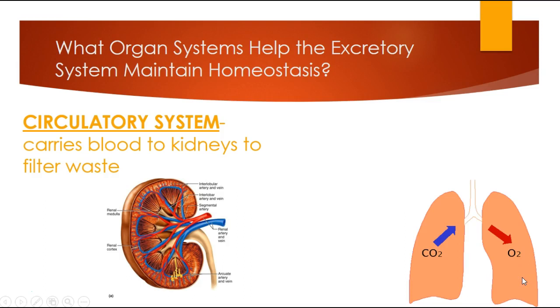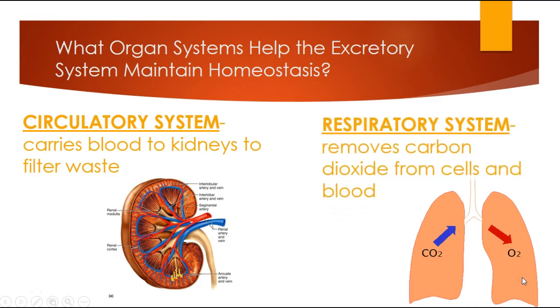And this next one, I don't think a lot of times we really think about the excretory system working with the lungs or the respiratory system. But sometimes we can think of the lungs as being another organ within the excretory system, because the lungs remove carbon dioxide waste from the blood.